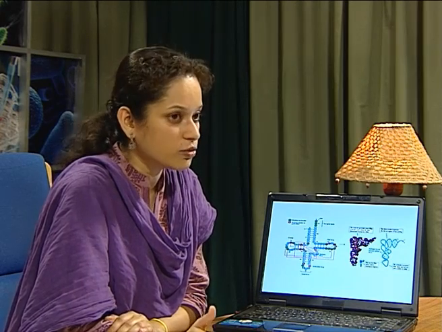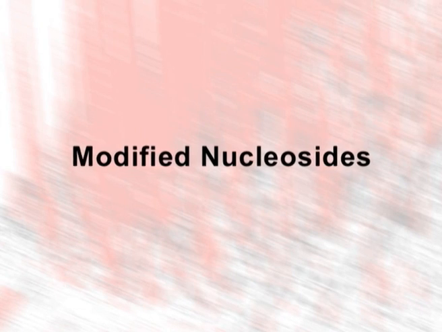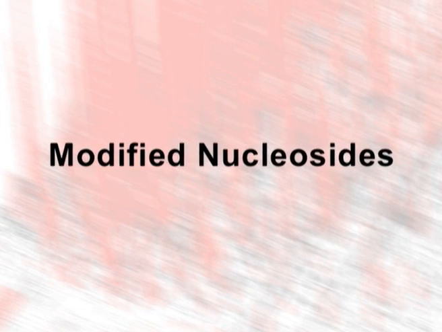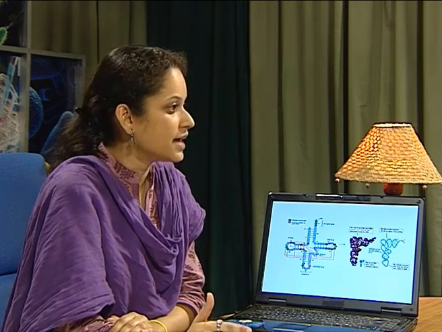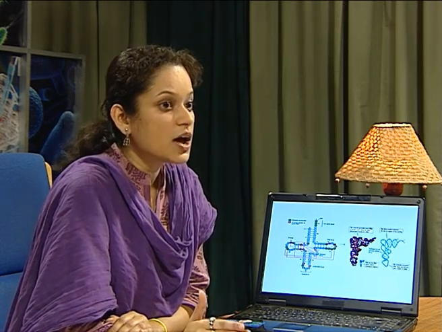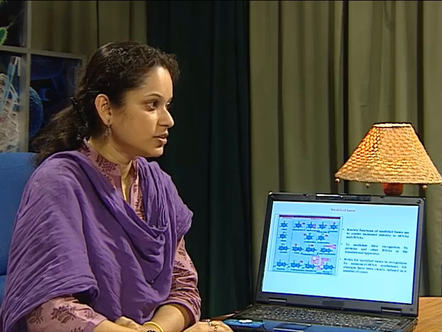Now after looking at all the structures of mRNA, rRNA and tRNA, we must discuss the functional role of modified nucleosides. Certain bases in rRNA and tRNA are modified post-transcriptionally to form modified nucleosides. Now what are modified nucleosides?